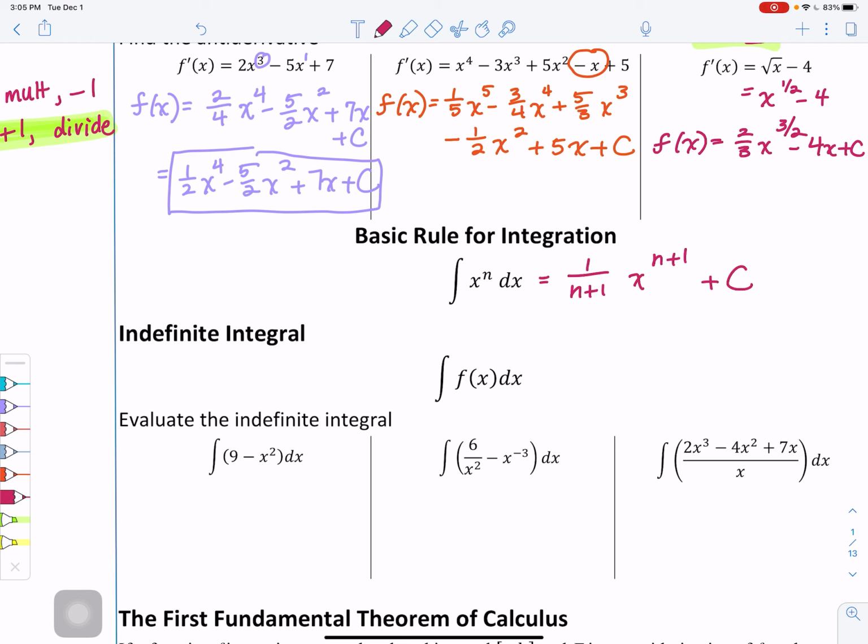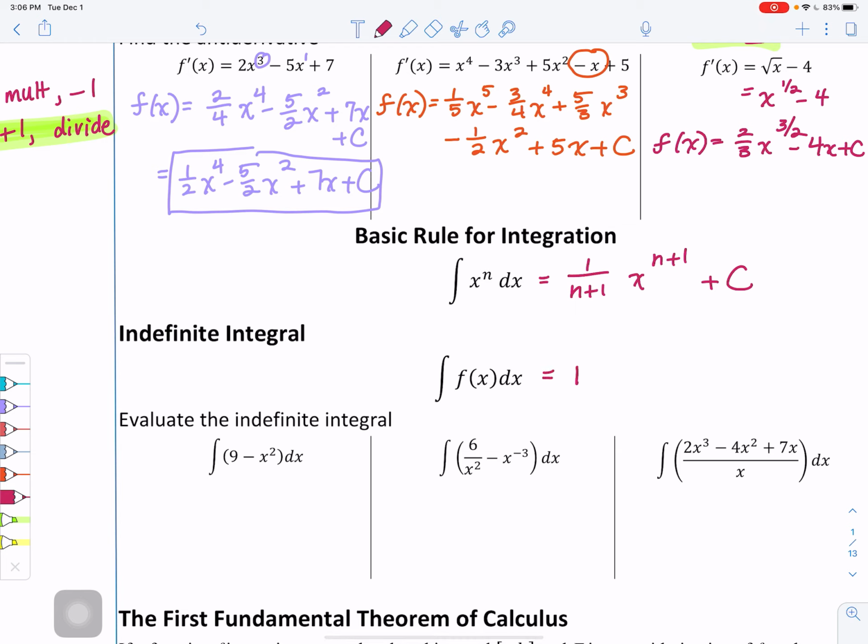Okay, so now let's take a look at an indefinite integral. Now, when we integrate, we're going to actually call this f of x, and we use a capital F of x. And you're going to see this quite often.